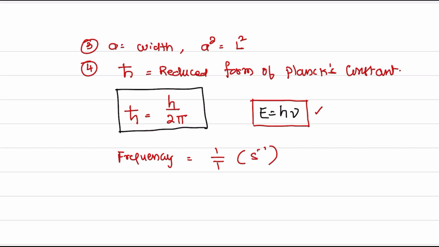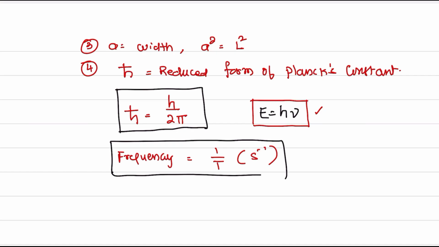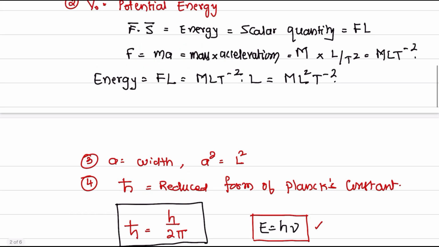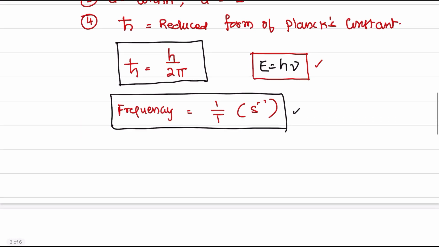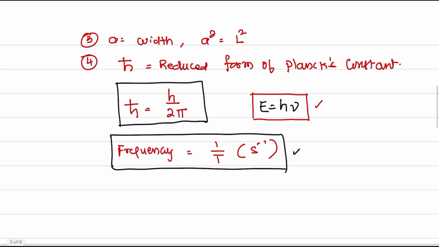Please remember this. In one simple equation, how many dimensions are we getting? Frequency is 1 by T. And when you know nu, and E we have already derived, energy is equal to M L square T to the power of minus 2. Then what will be h? h is equal to E by nu.